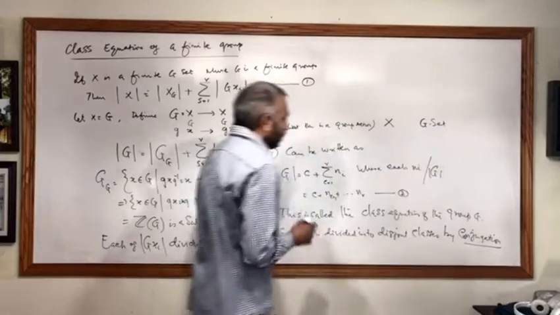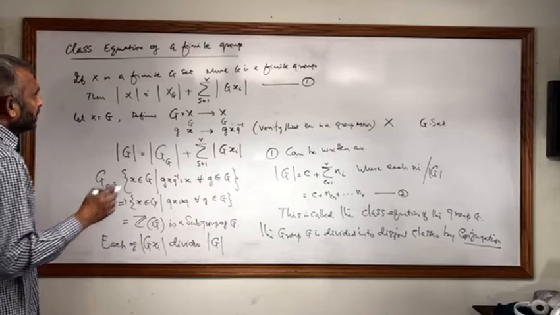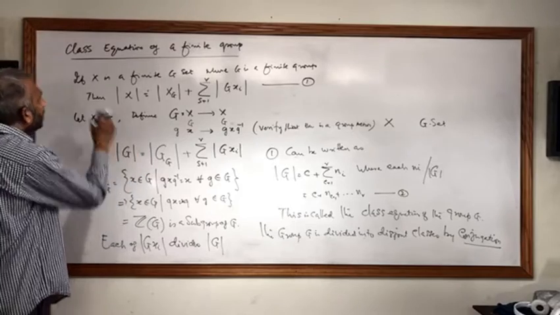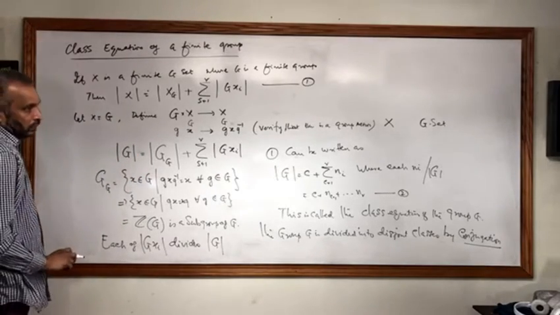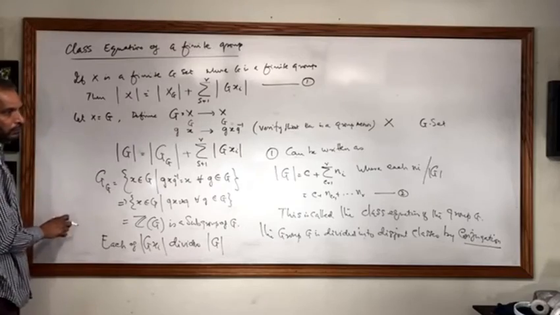Conjugation is the action we defined here. So this is just to define the class equation. There is no Sylow's theorem used here.